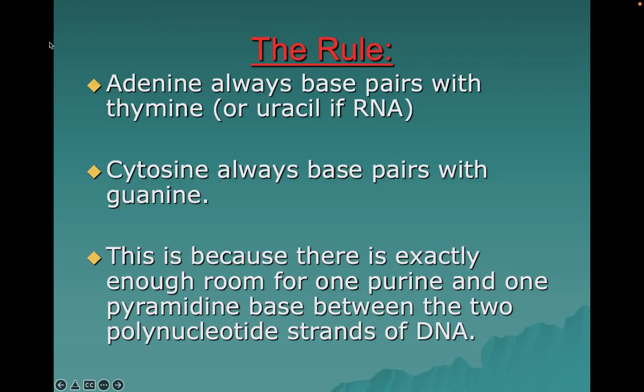The reason for that is because there is exactly enough room for one purine and one pyrimidine between the two sides of that ladder of DNA, between the two sugar phosphate backbones. And that gives you exactly enough space for three structural rings, and not more, not four, not two, not one, exactly three.